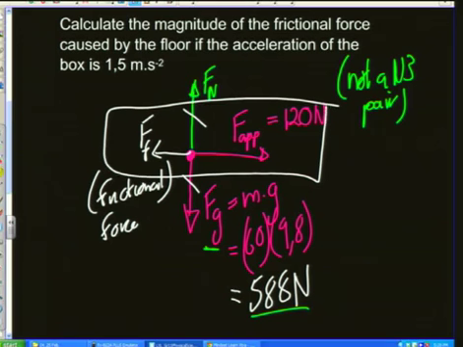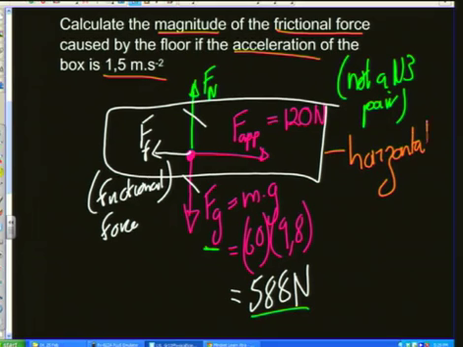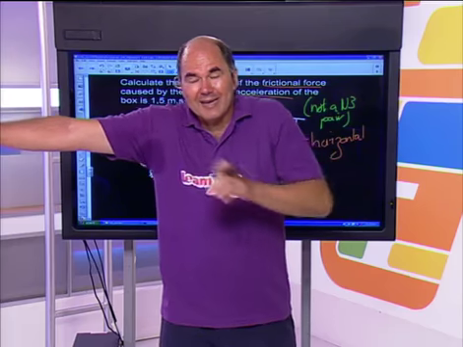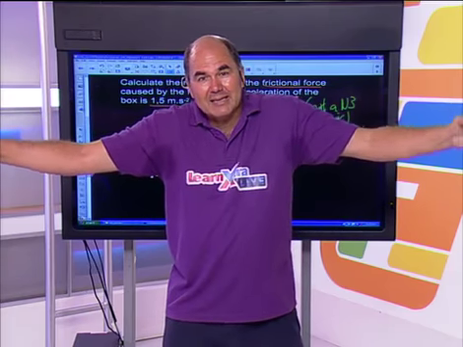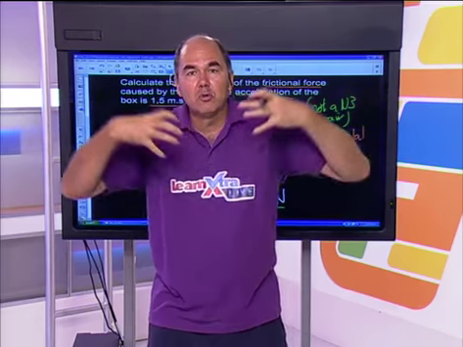So when we asked the next question, which was to calculate the magnitude of the frictional force caused by the floor if the acceleration of the box is 1.5 meters per second squared, the only forces that we're going to be looking at are the ones in the horizontal. If we've got a frictional force to one side and an applied force to the other side, what's the overall result?